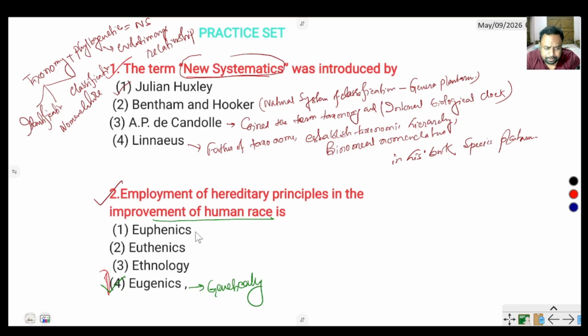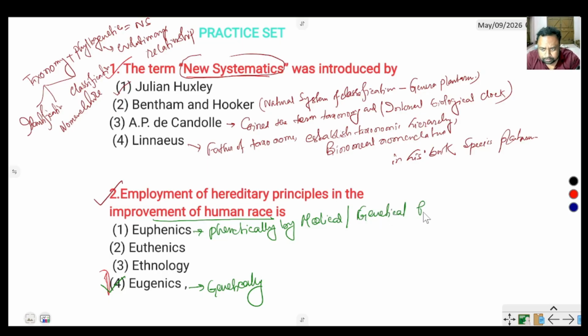But euphenics means improving the human race phenotypically by medical or genetical process.